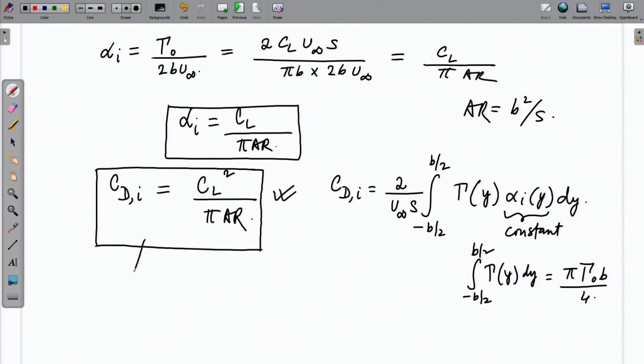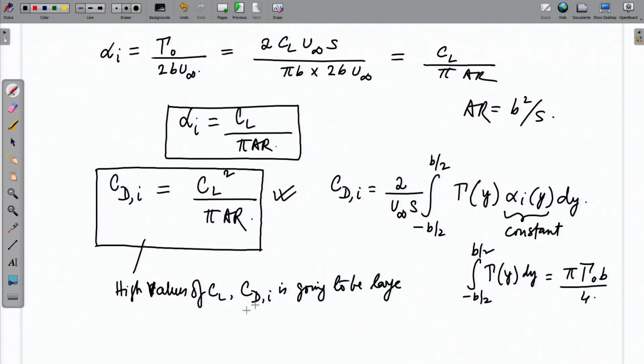So, once again, at high values of C L, C d I is going to be large. When does that happen?